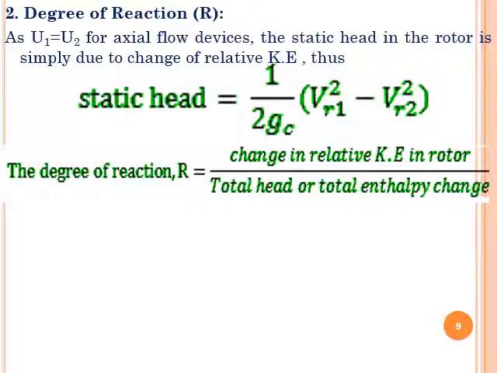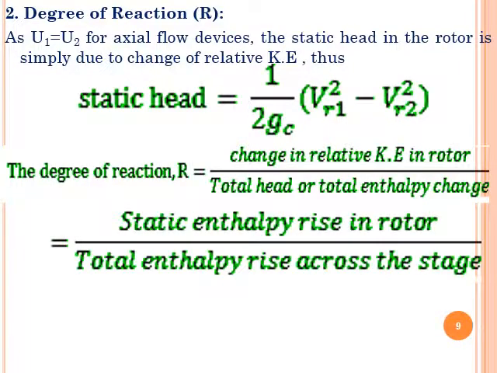Here the static head is given by the change in relative kinetic energy in the rotor, and it is the ratio of what? The total head or total enthalpy change. It is also expressed as the ratio of static enthalpy rise in the rotor to the total enthalpy rise across the stage.